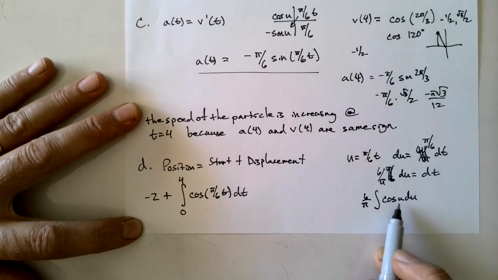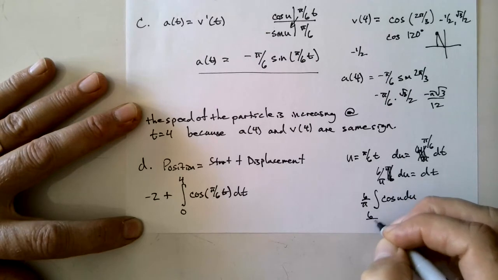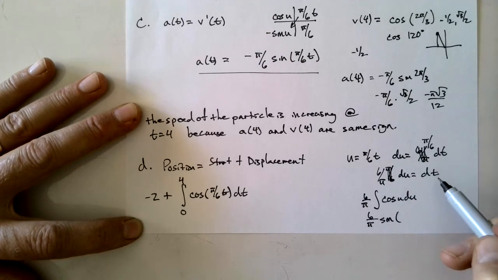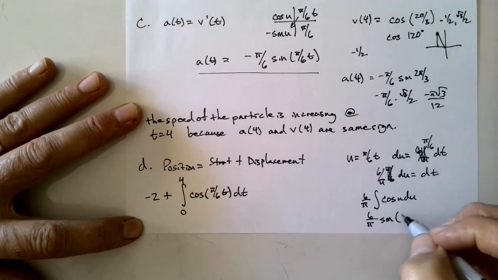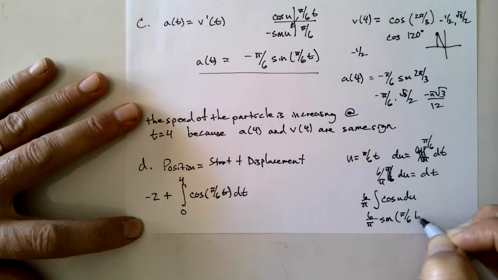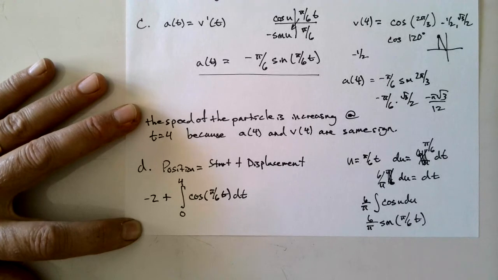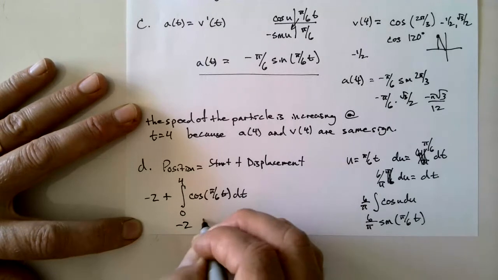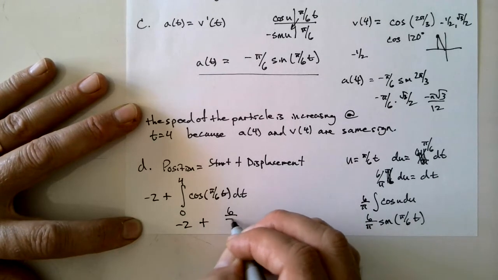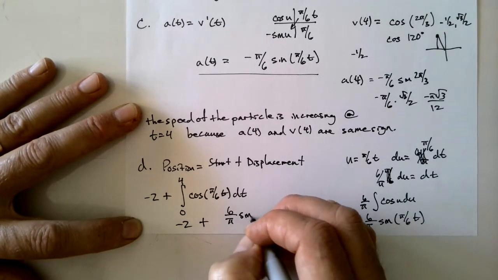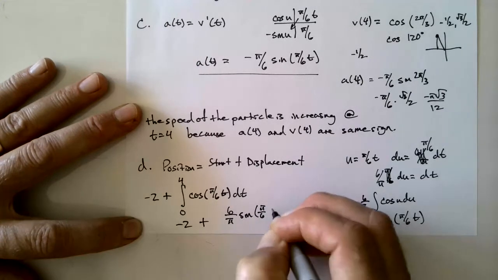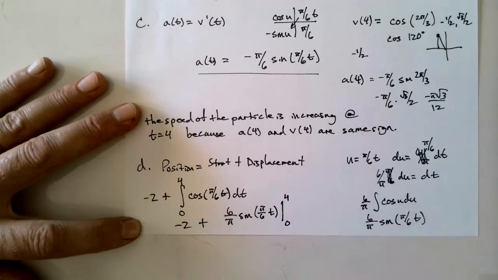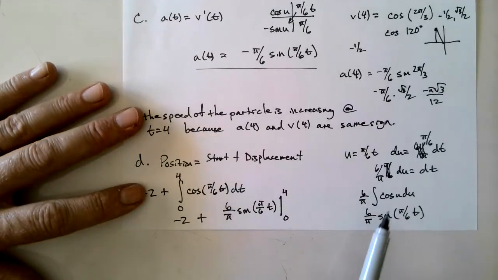And the antiderivative of cosine is sine. So we have 6 over pi sine of u, which is, in this case, pi over 6t. So that's my antiderivative. I'm going to take negative 2 plus that 6 over pi sine of pi over 6 t, and I'm going to evaluate that at 4 and at 0.